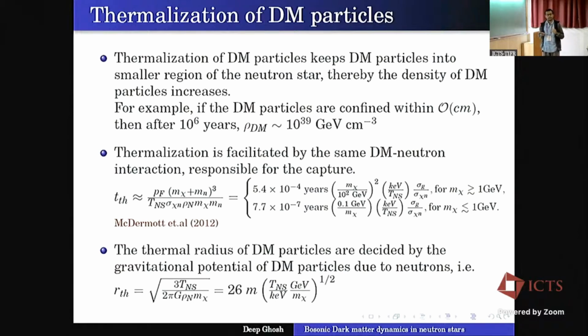This potential energy is due to the neutrons. So then we can use the virial theorem and we can get this thermal radius. As you can see here, as the neutron star temperature decreases, this thermal radius also decreases. That means as the neutron star temperature decreases, we can pack the dark matter particles into smaller regions. And remember, the capture is also happening.